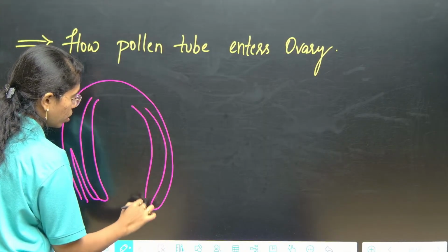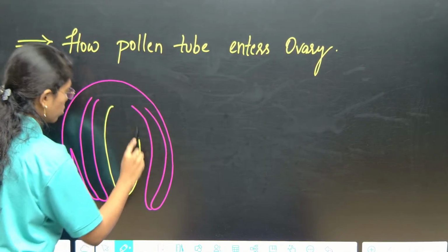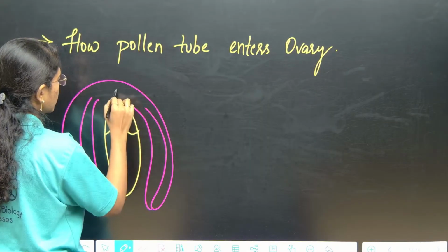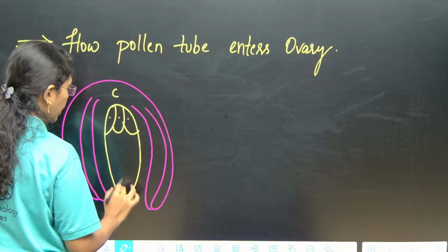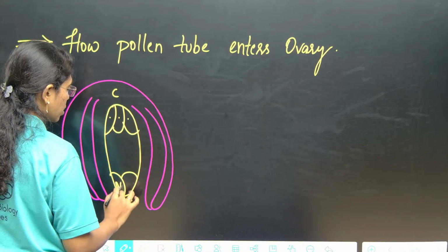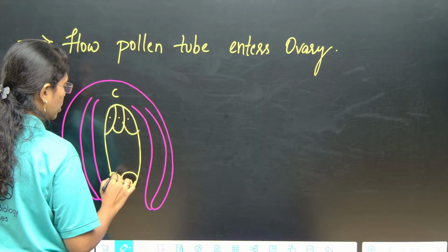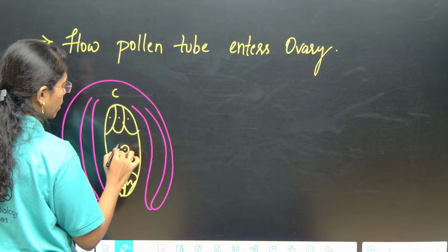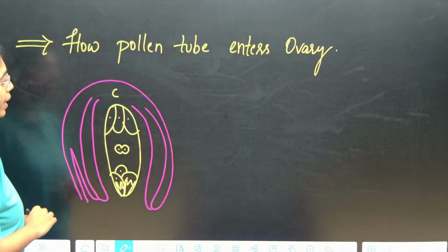Here is an inverted ovule, and here is the embryo sac, which is in 7-celled 8-nucleate condition. This is the chalazal end, and at the micropylar region you have synergids with filiform apparatus and an egg cell, which is the egg apparatus over here. Fine. Polar nuclei at the center.